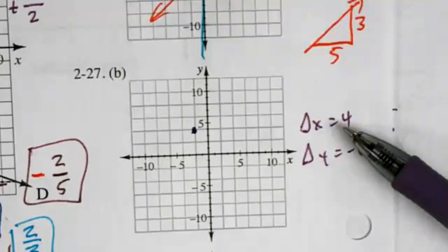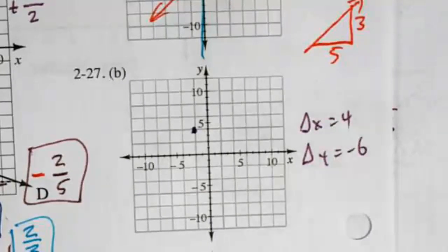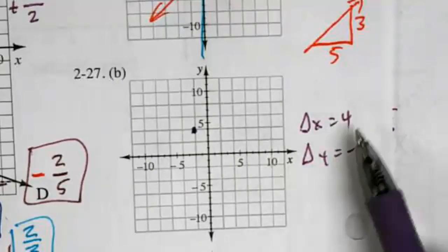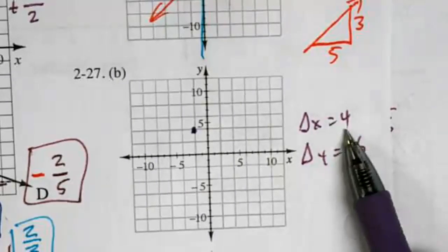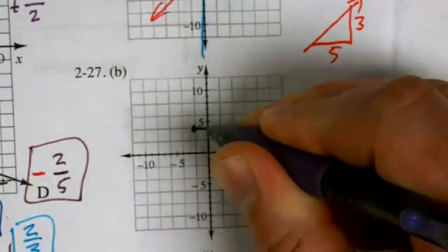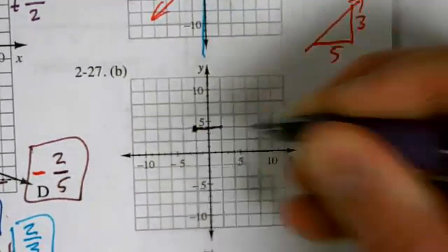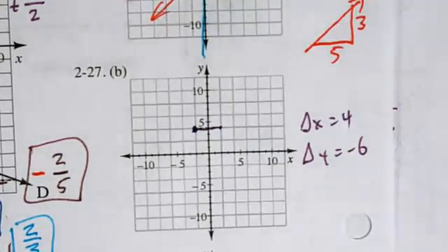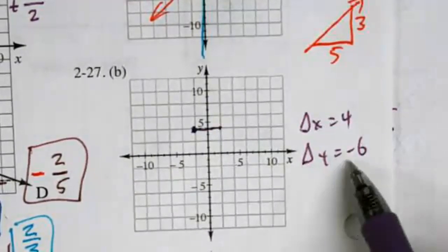So change in x was 4. X is which direction? Is that left and right, or up and down? X is left and right. And if it's positive, is that to the left or to the right? Positive 4 would be to the right by 4. So I'm going to count over 4: 1, 2, 3, 4. And I'm remembering that each one is like half of a grid line. And then my change in y is -6.